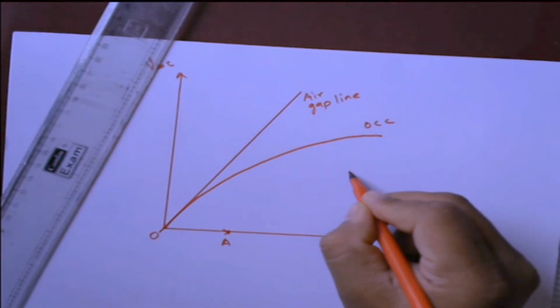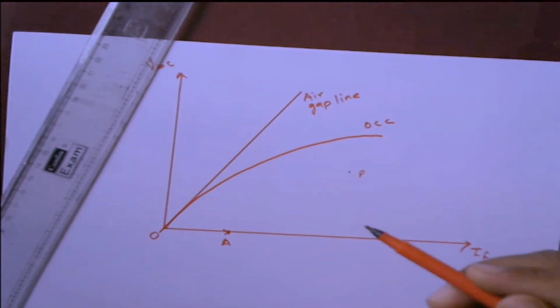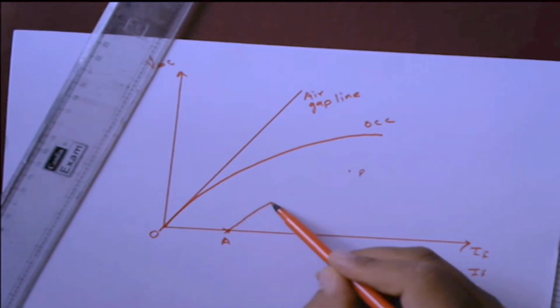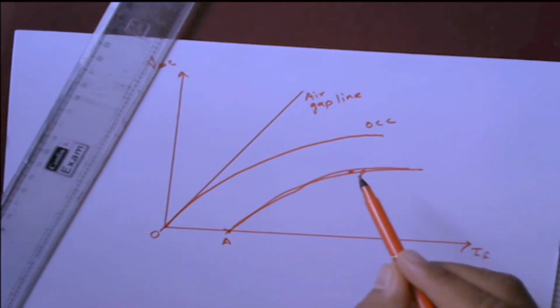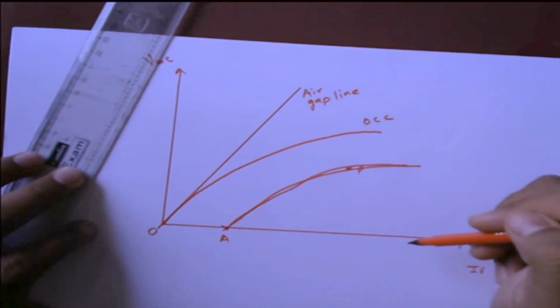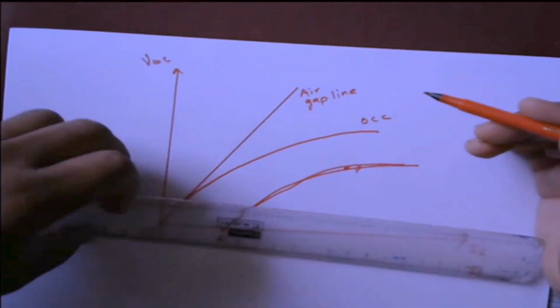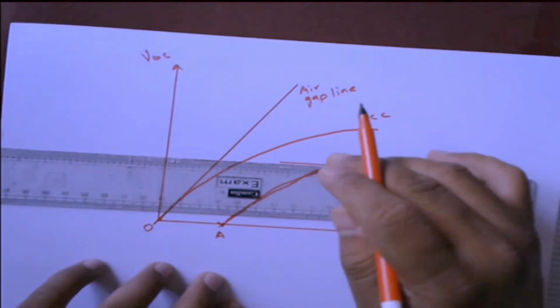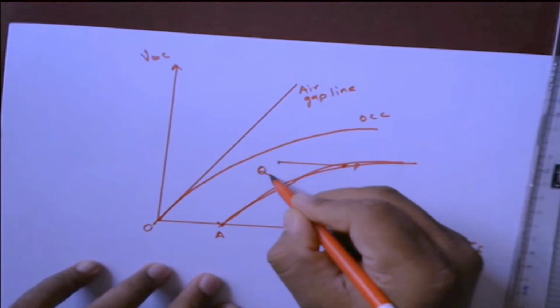So let us suppose this is point P, at which we are getting rated terminal voltage on full load, zero power factor lagging, and just as per this, we have to draw this curve which is passing through point P. Once point P is plotted, we have to draw a line parallel to the x-axis, having a length equal to OA. So from point P, I will draw this parallel line having length equal to OA, and this point is Q.